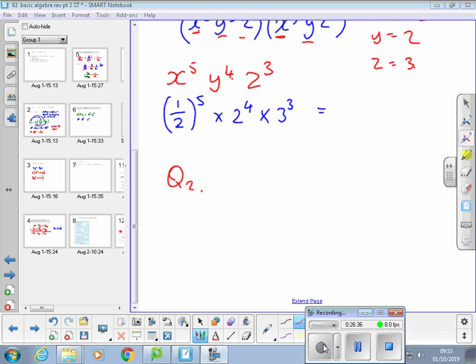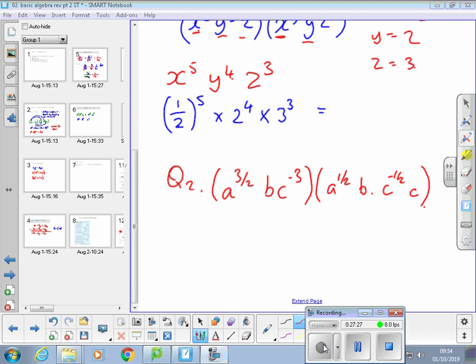It is simplify a to the 3 over 2 b c to the minus 3, close that bracket, times a to the half b c to the minus a half c, close the brackets.